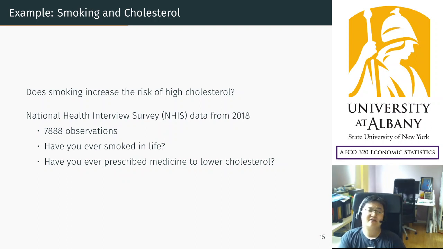In this data set, there are 7,888 observations, and I only collect two variables. In one variable, the respondent, the interviewee, was asked, have you ever smoked in your life? That was the first variable. And the second variable is whether the respondent has ever been prescribed medicine to lower cholesterol or not.